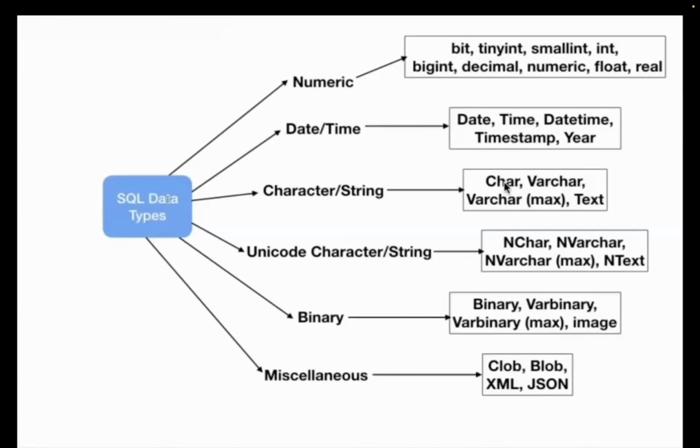There are different data types. If you want to use roll numbers or numbers, it is numeric. In bit, you'll be having zeros and ones. If your column type is date and time, you will use this format so that it will support the date and time in the table.